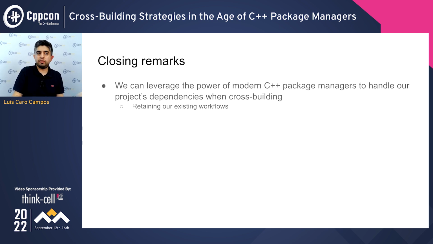Now that both Conan and vcpkg use CMake toolchains, they can do it for you, right? So we can retain our existing workflows. We wouldn't have to say, I was given this toolchain by a vendor, but they want me to use this particular IDE, so do we want our developers to have to port our existing build system to something else just to cross-compile? Assuming that the actual underlying compiler that this IDE is using, you can invoke it independently.